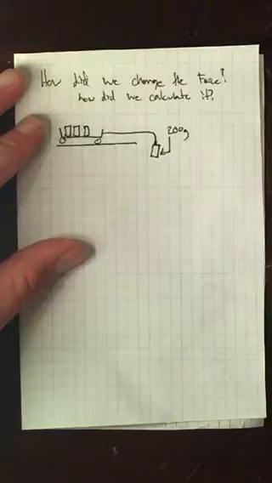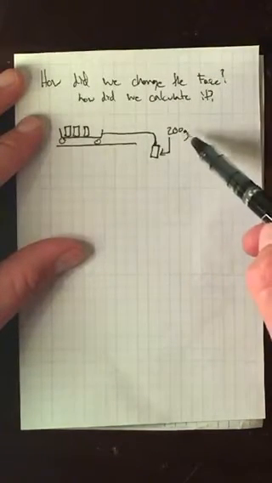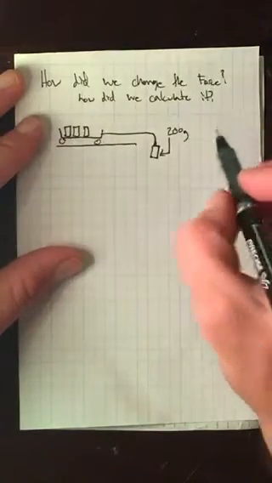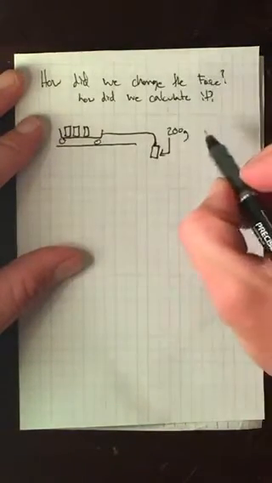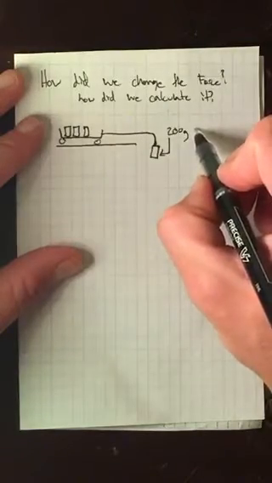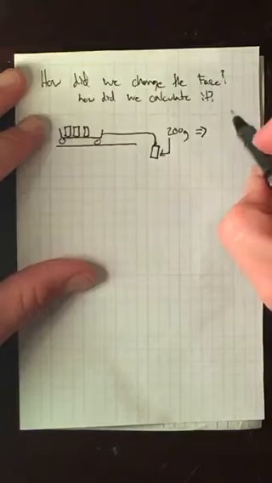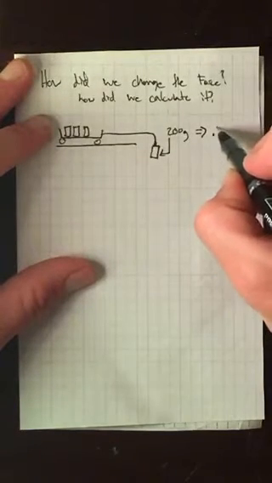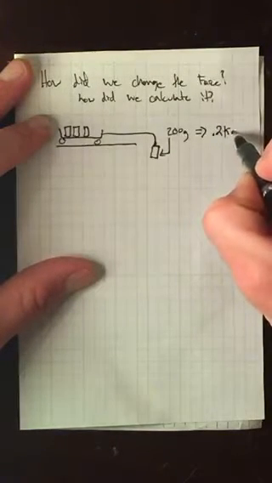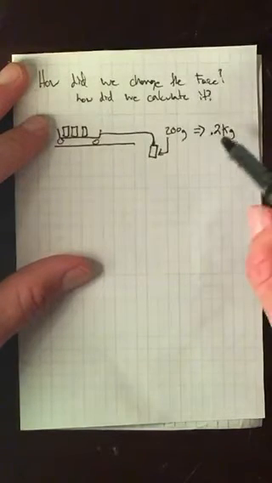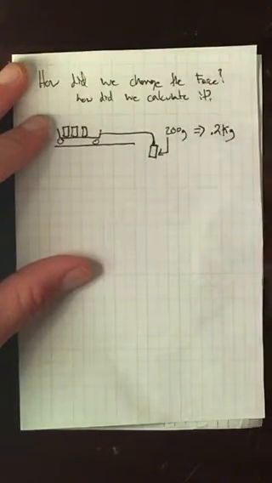You're thinking, okay, that's a 200 gram mass, but that's not a force, that's a mass. Well, what we did first was we converted this to kilograms. It's not so hard. We converted this to kilograms by dividing by 1,000. So we had 0.2 kilograms. That's our start. But that's still not a force.